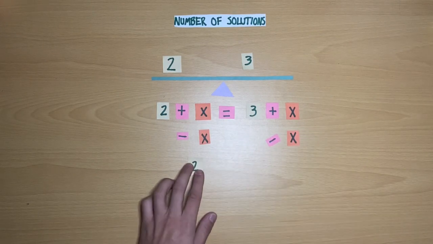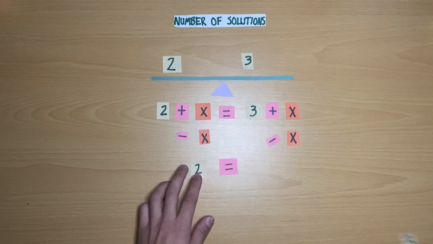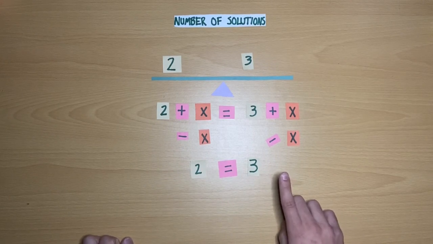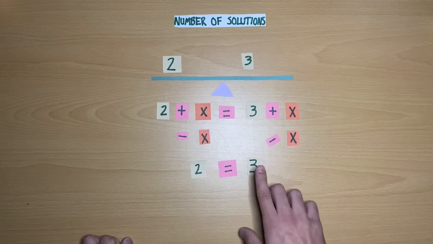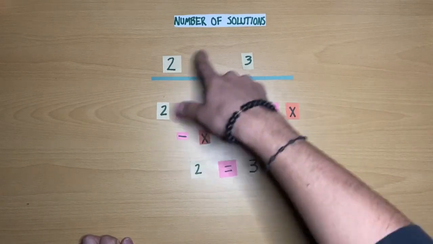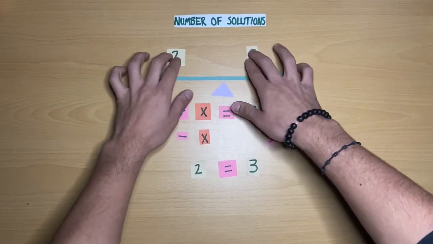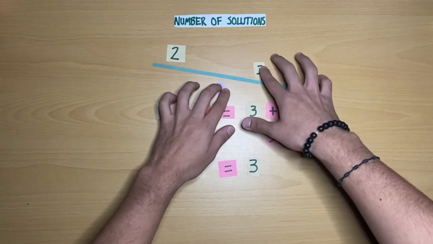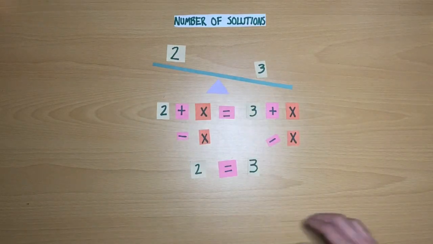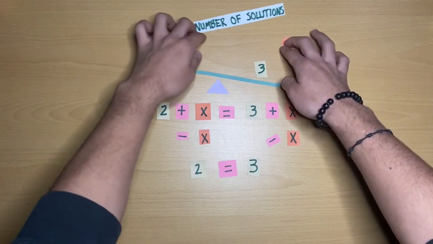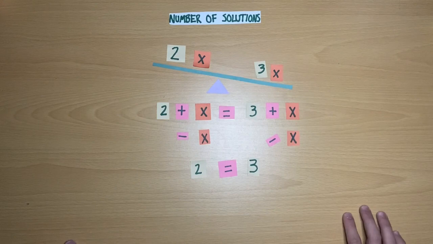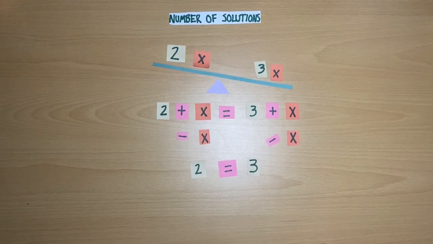We will get 2 equals 3. Now this should spark something in you because 2 does not equal 3. And if we had this on a scale, it would not be balanced. 3 is more than 2. So in fact, when we had these x's originally, this was not balanced to begin with. But we didn't know that until now.